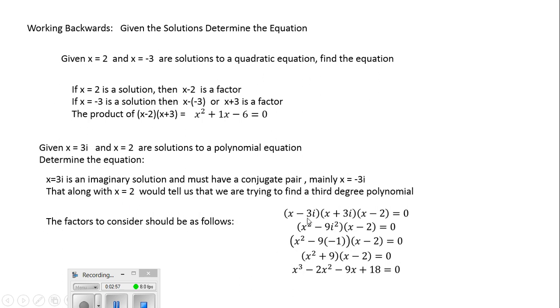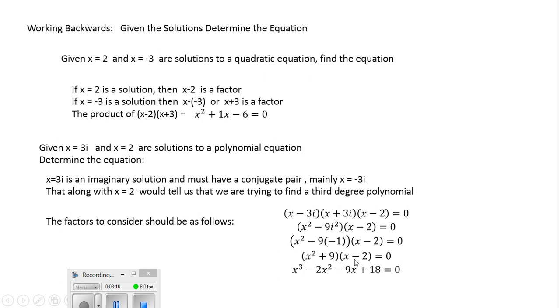The conjugates always multiply nicely. Notice they're like a sum and difference of binomials, okay? So they should come back automatically to x squared minus 9i squared, i squared being -1. This becomes x squared plus 9.